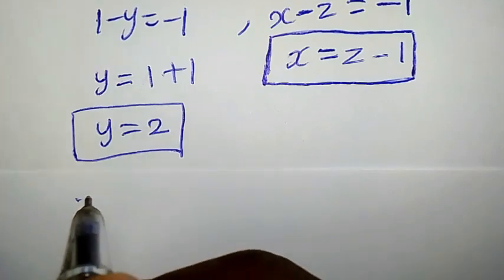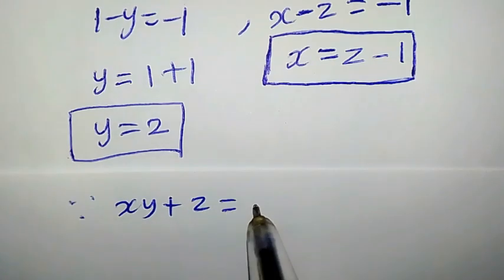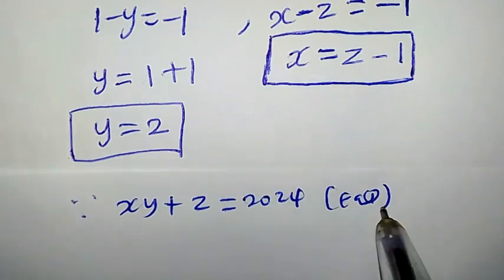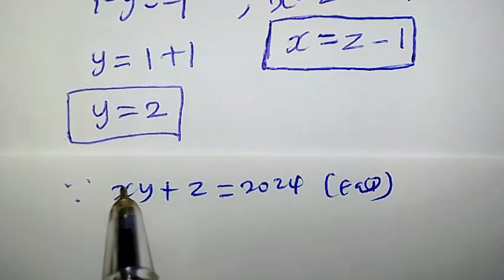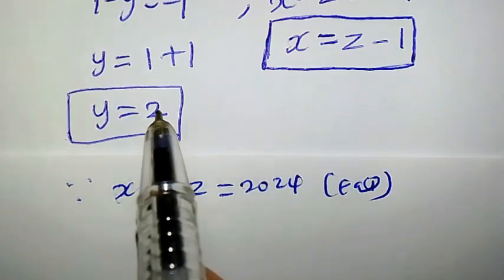Let's continue. Since xy plus z is equal to 2024, this is equation 1. What we have to do next is replace x with z minus 1 and y with 2.